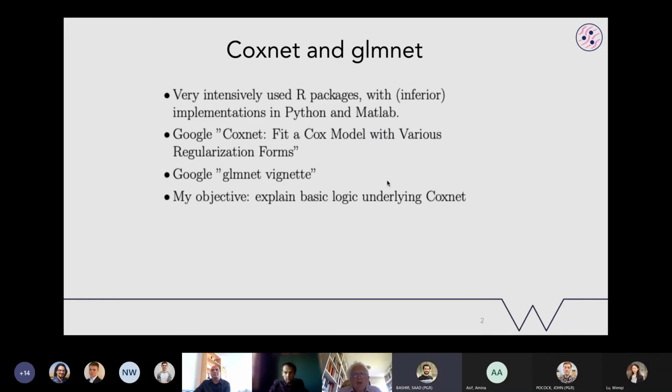So I'm going to talk about the basic logic underlying Cox-Net. Cox-Net and GLM-Net, where GLM stands for generalized linear model, are very intensively used R packages. I haven't used them at all, but what I've read is that there are implementations also in Python and MATLAB, which people don't like so much.